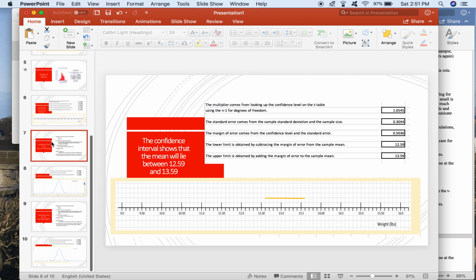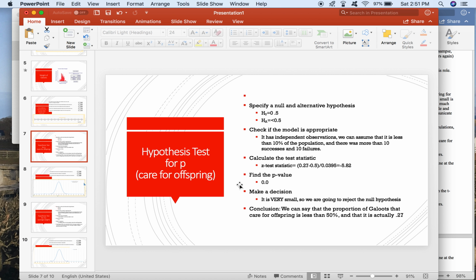Moving on to my hypothesis test, this is for the care for offspring. I went through and did the steps. I specified a null and alternative hypothesis. Just like Professor Barron did, I used 0.5 for the null and less than 0.5 for the alternative hypothesis.